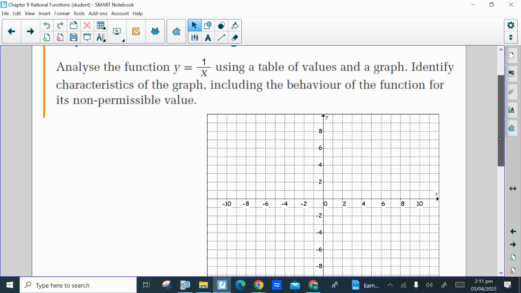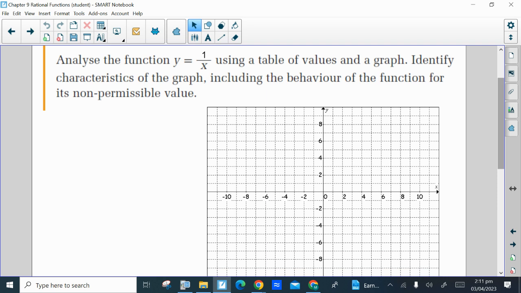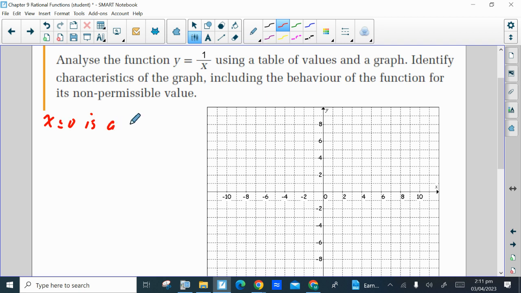We'll do this by creating a table of values, and we'll identify some characteristics of the graph. So the first thing you should recognize is that x = 0 is a non-permissible value, an NPV, because we can't divide by 0. So that is a restriction on the values that we choose for x.